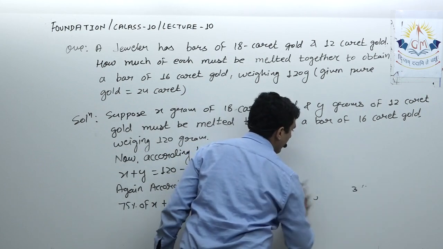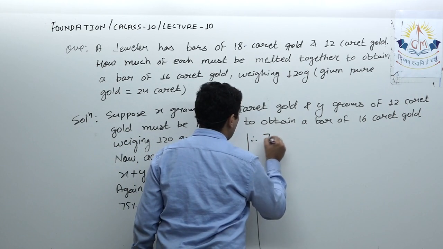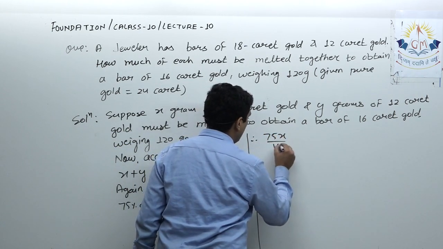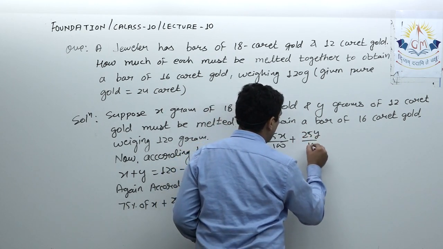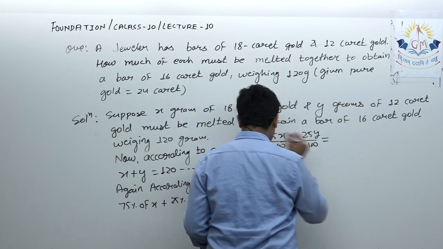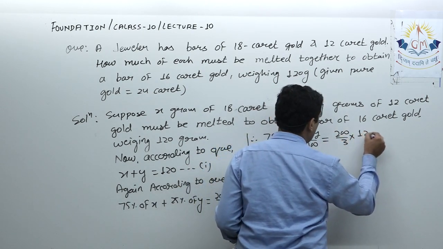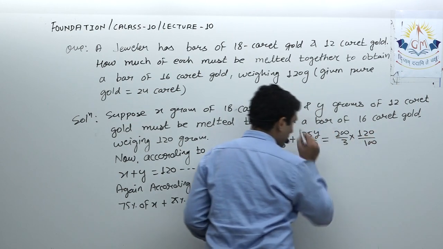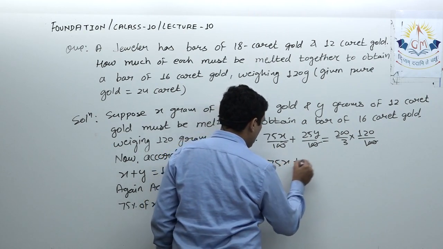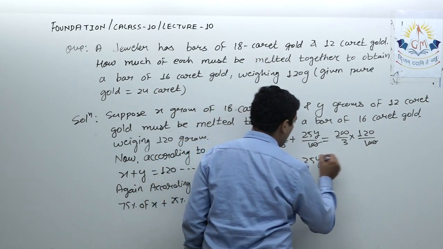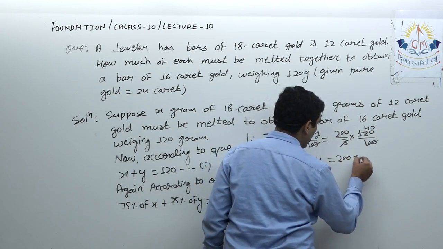Okay, now when I simplify this, 75 X upon 100 plus 25 Y upon 100 is equal to 200 by 3 into 120 upon 100. So this 100, 100 and 100 I can cancel out. 75x plus 25y is equal to 200 multiplied by 40.